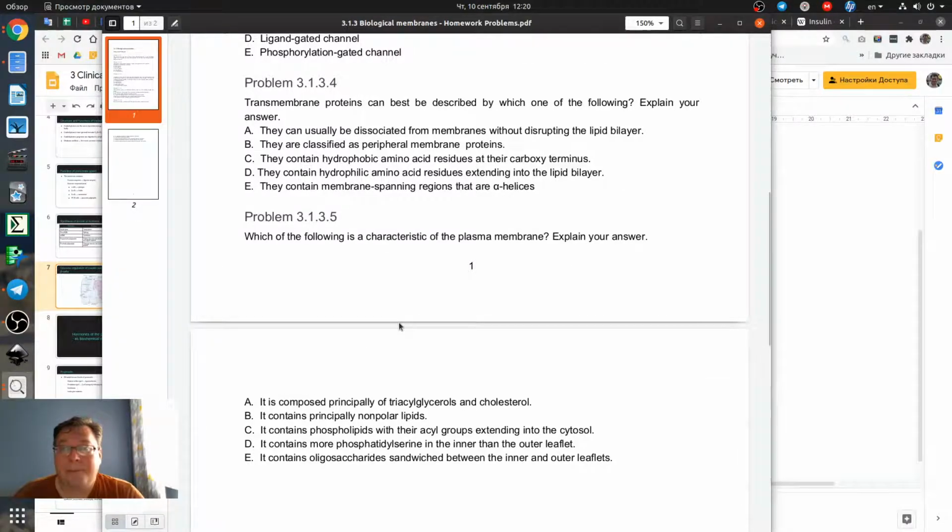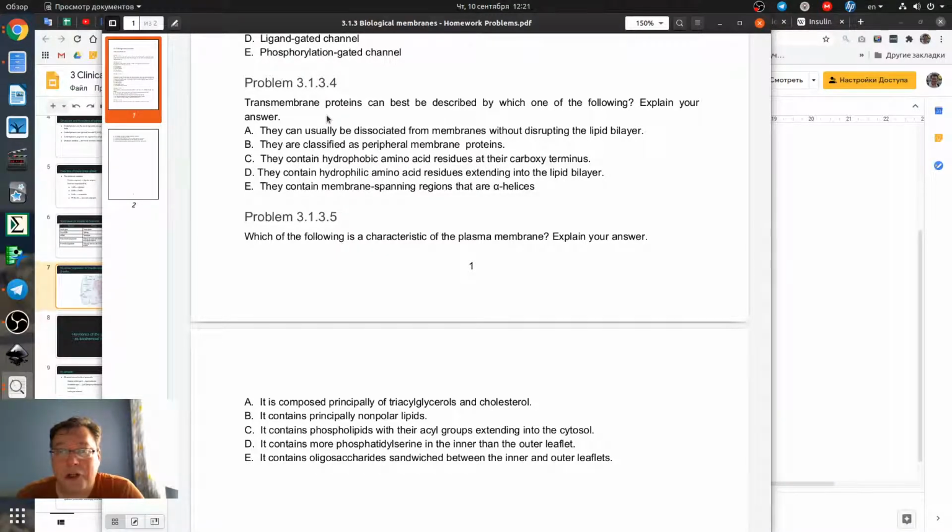The next question. Transmembrane proteins can best be described by which one of the following? Explain your answer. Transmembrane means they have an extracellular domain, an intracellular domain and an intramembrane domain.